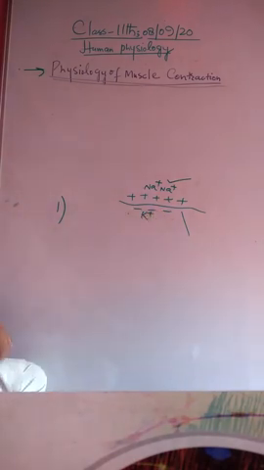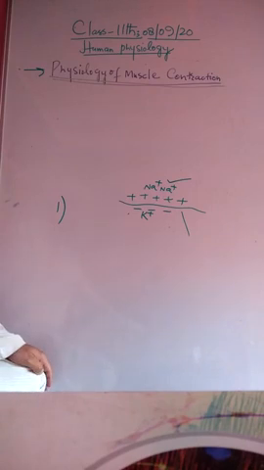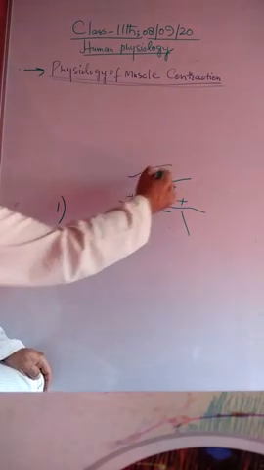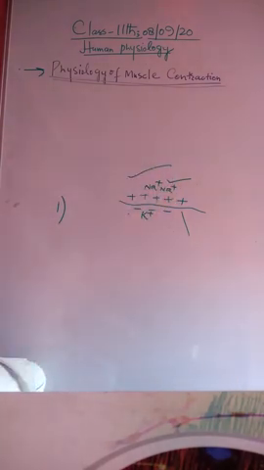The sarcolemma is more permeable to potassium ions than to sodium ions. Hence, potassium ions leave the muscle fiber faster than the sodium ions that enter it, and this builds up the positive charge outside.